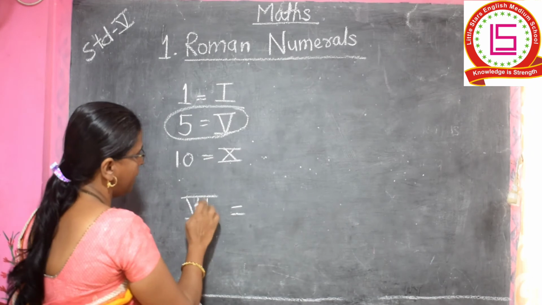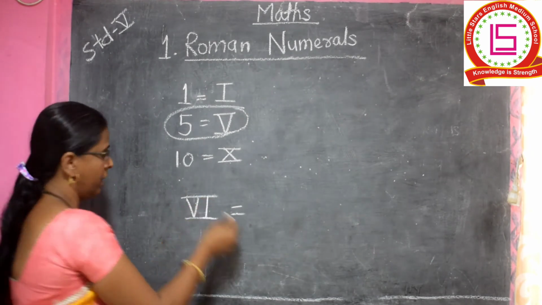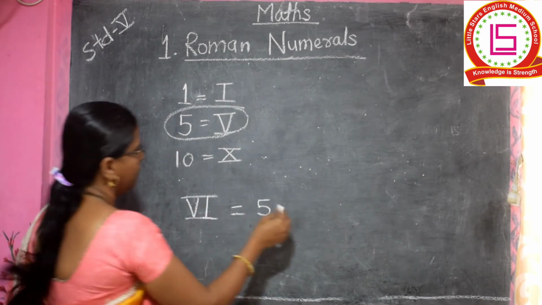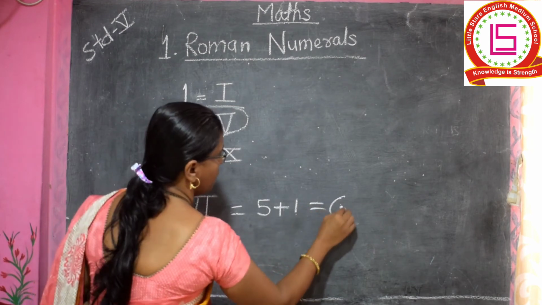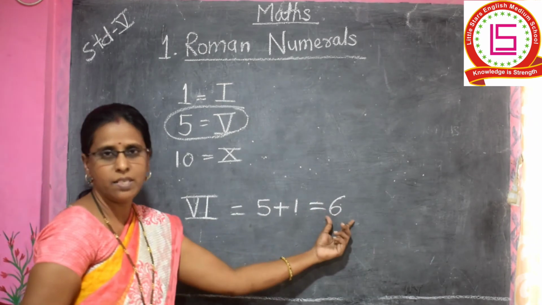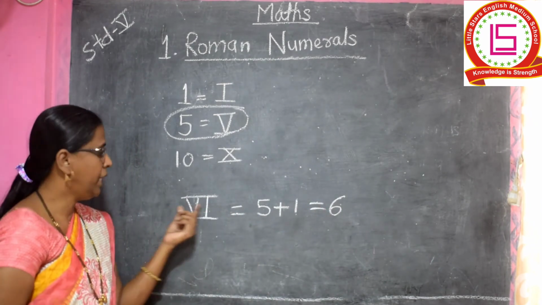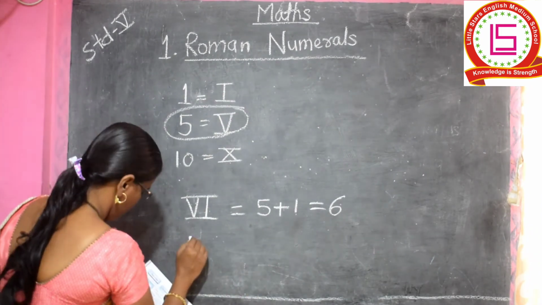We add this value of I to the V, the bigger number. V is equal to 5 and I is 1. Then the value is equal to 6. Therefore, VI is equal to 6, when you write it to the right of the bigger number. Then see like this.